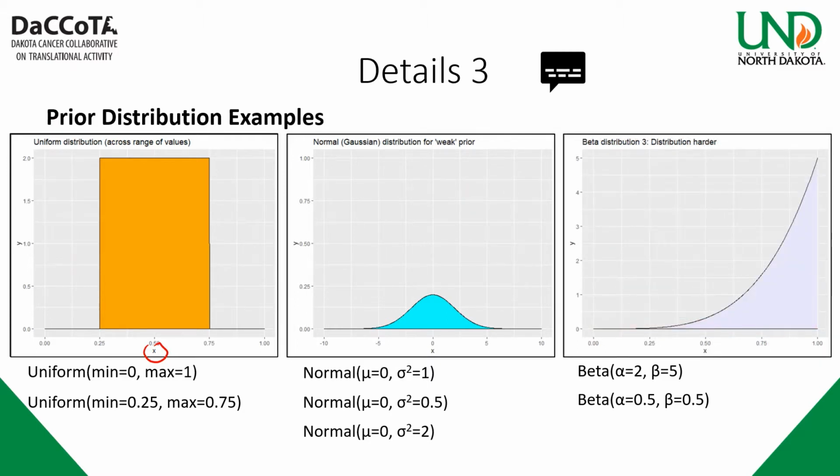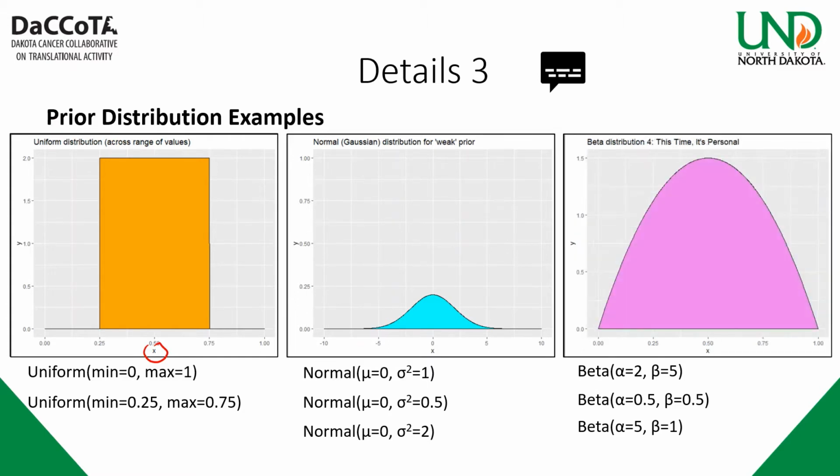Beta Distribution 3: Distribution Harder. We can have what almost looks like an exponential distribution. It's essentially impossible down at 0, but it's very, very likely at 1, and it trails off pretty sharply. And if we round out this series, Beta Distribution 4: This Time It's Personal. We can replicate a pretty smooth, symmetrical, not quite normal distribution because it doesn't taper off, but we can see it bounce around 0.5.